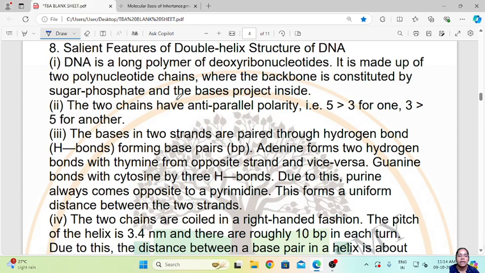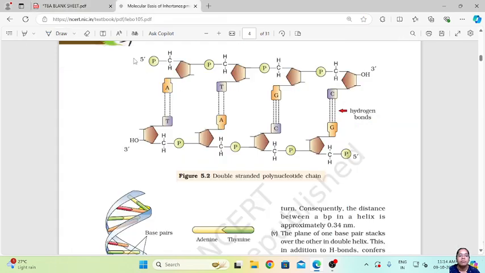The two chains have anti-parallel polarity, that is one runs 5' to 3' and the other from 3' to 5'. So this is the 5' to 3' strand, and the second strand has the 3' to 5' end. So it has anti-parallel polarity.